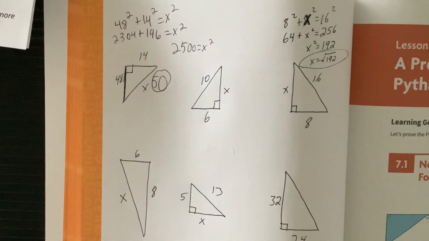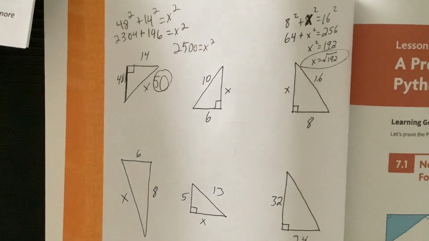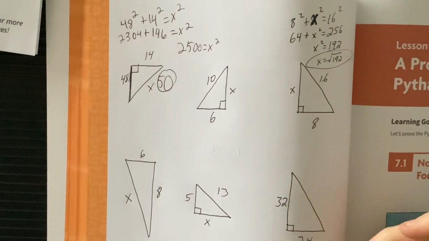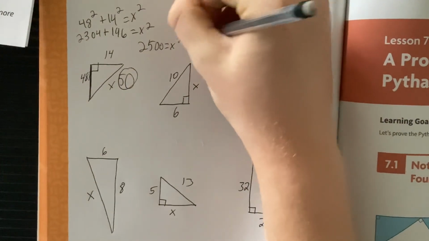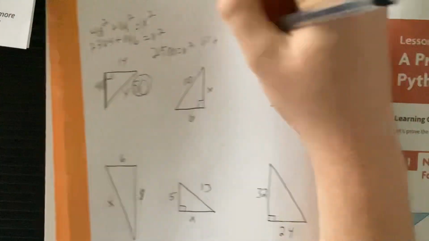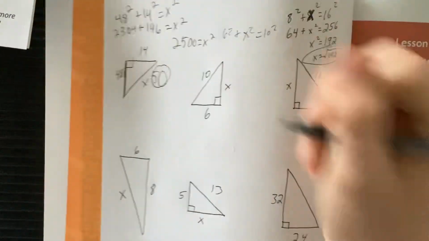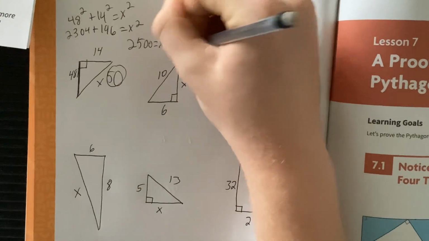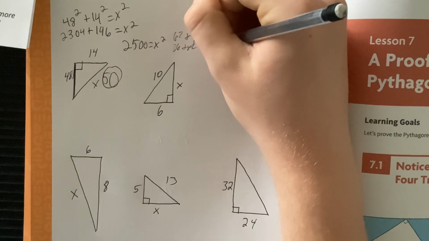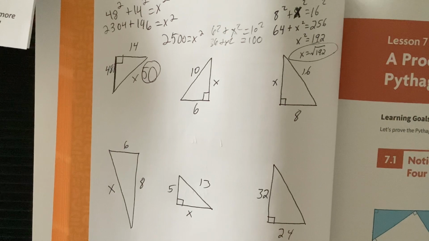Adam? So like, 6 squared plus x squared, oh, oops, 10 squared, and that's like 36, and got it, hold on, okay, and then it's like 8.